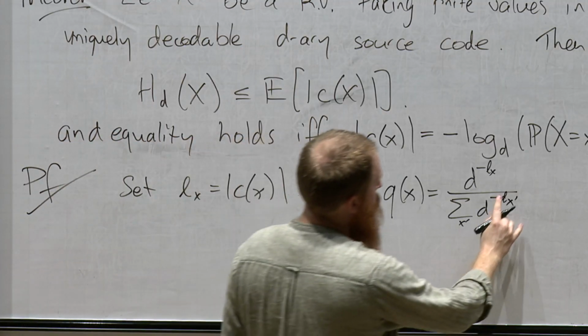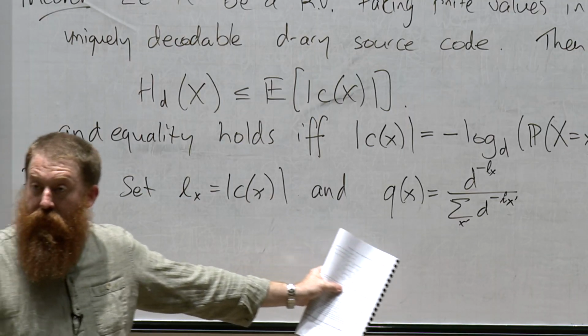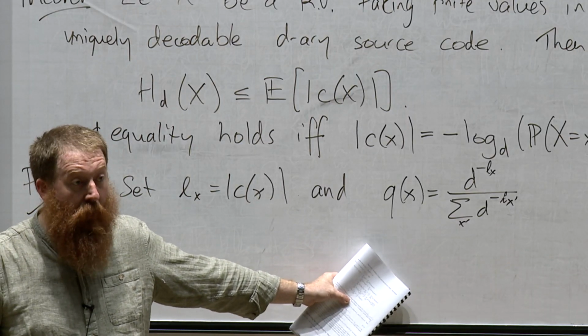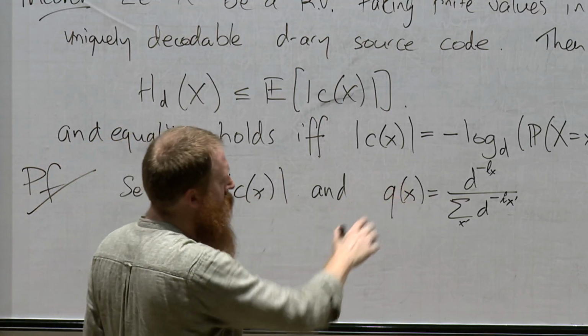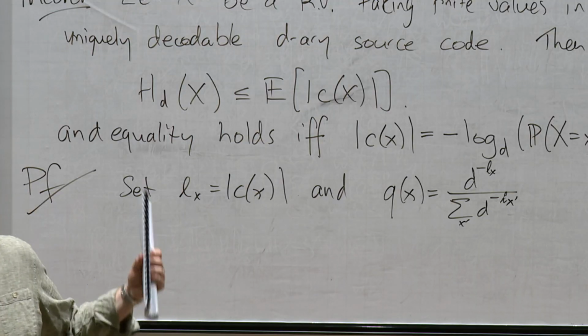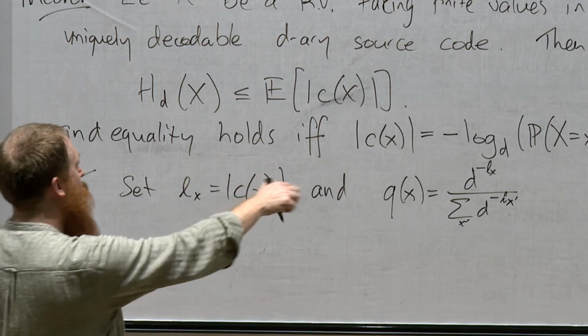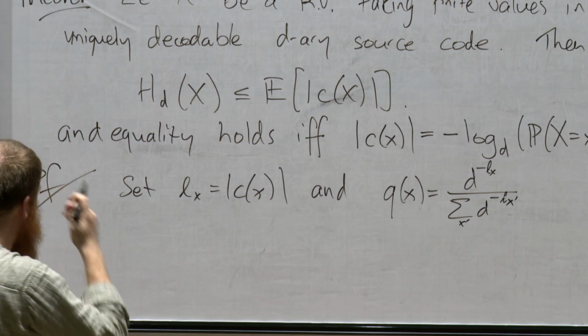Okay, so we notice that q is a probability distribution. It adds up to 1. All its terms are positive. So it is a probability distribution, which is going to be close to the optimal thing if everything works out. If my probabilities were of this sort, then q would be exact.